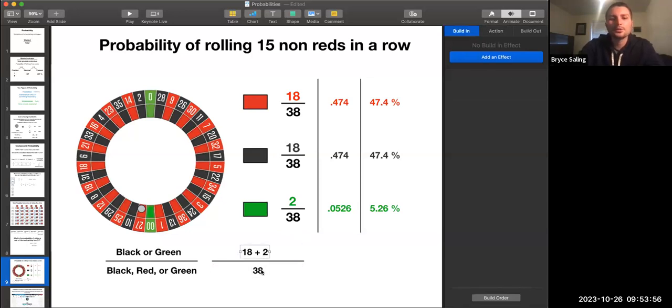And so you have a 20 in 38 chance of getting a non-red on just one roll. So if we just had one roll or one spin, you have a 20 in 38 chance of getting a non-red. So let's go ahead to Desmos and let's look at that.